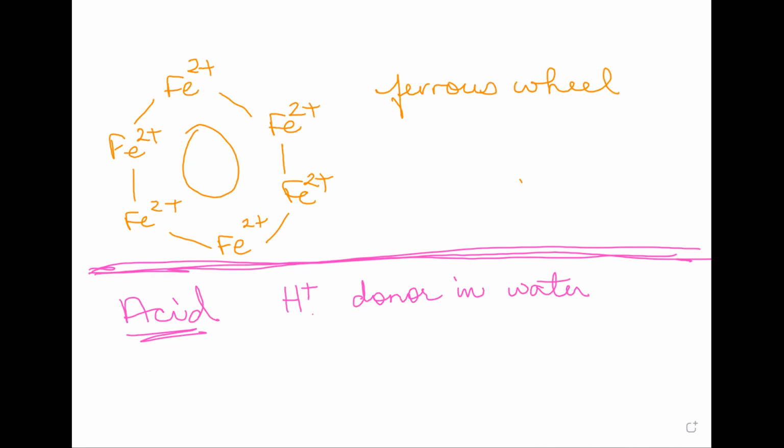When we draw the formula for an acid, we put our cation and our anion. So the H plus tends to be in the front.